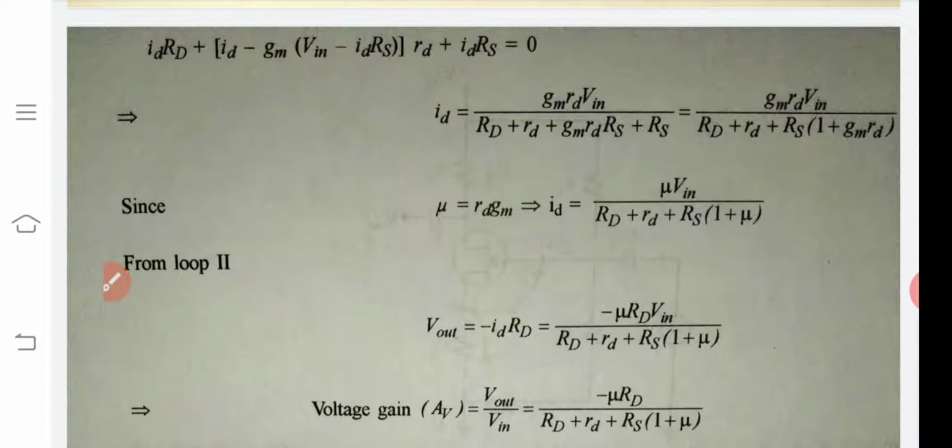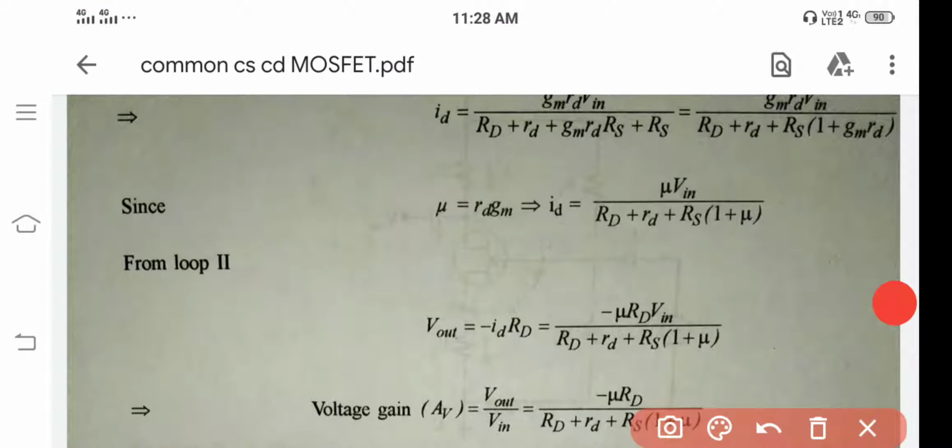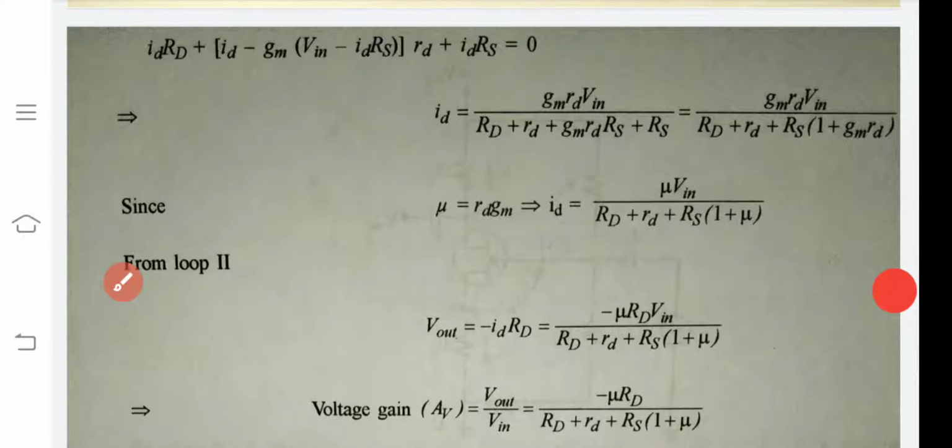This final equation is used later. ID equals gm Vin into RD upon capital RD plus small rd plus RS into (1 plus gm RD). This is the final equation for ID.